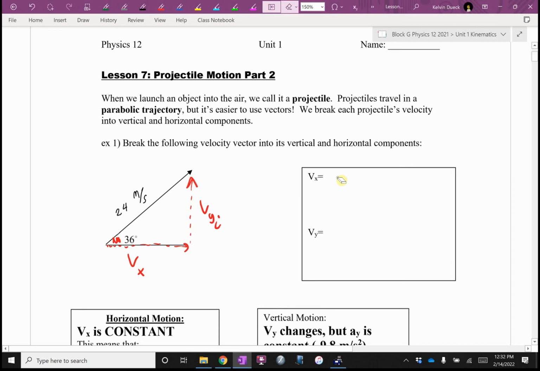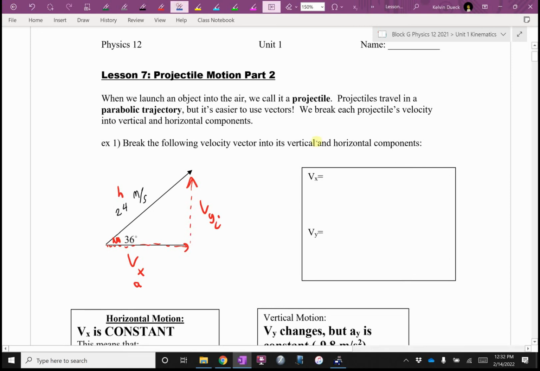Oh, I guess I'm going to find Vx first because that's what they listed first. Danica, this 24, opposite, adjacent, or hypotenuse? Which one of those is correct? Yes. What about Vx? Which trig function? A and H? Yes, cosine.